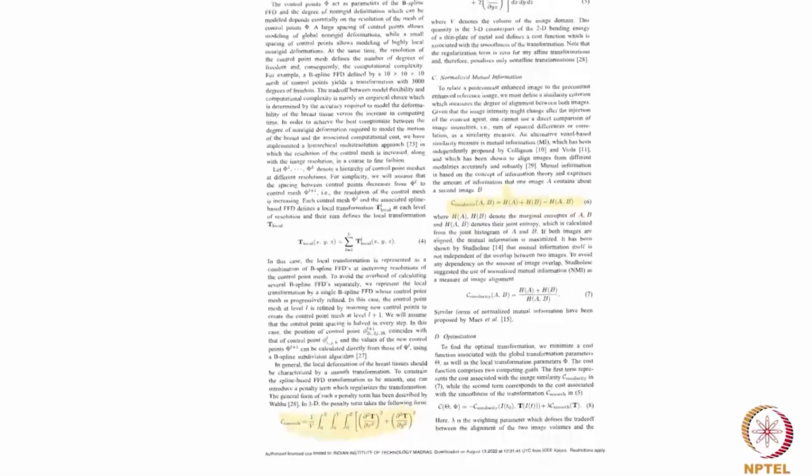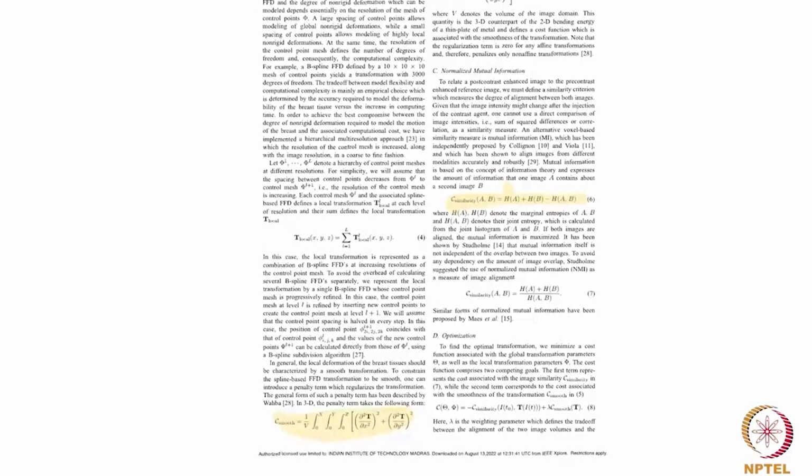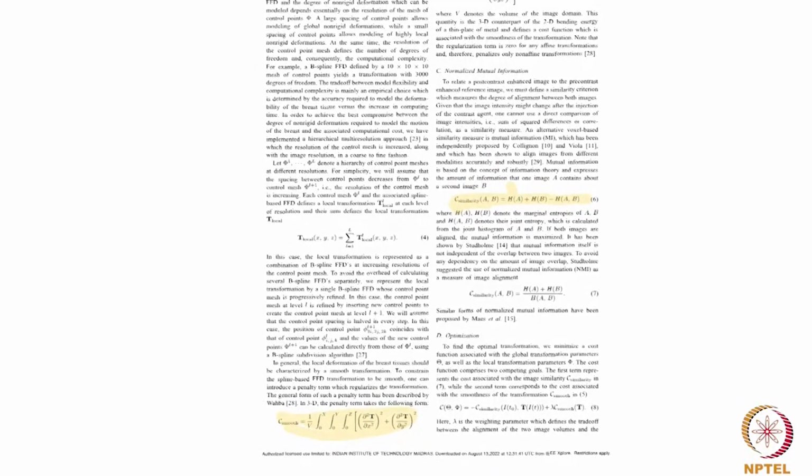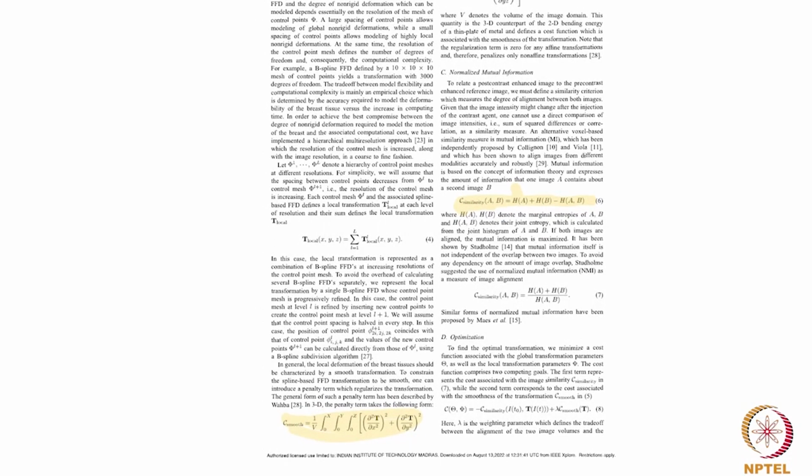So the optimization procedure consists of two terms. The smoothness term should be minimized, and the loss function, the negative of the mutual information, has to be minimized as well.